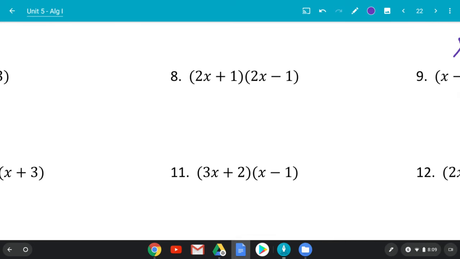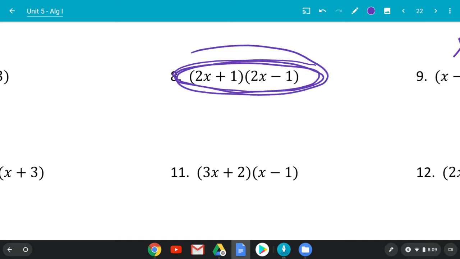Number 8. Before I even get into this one, I want you to notice something about this particular one. Those two binomials look similar. Okay, what's different about them? One's a plus and one's a minus.